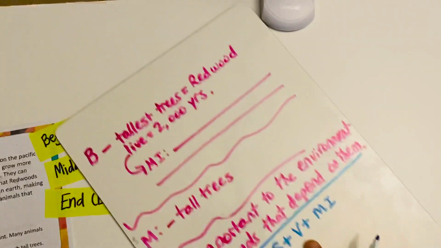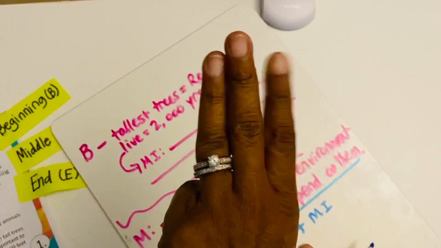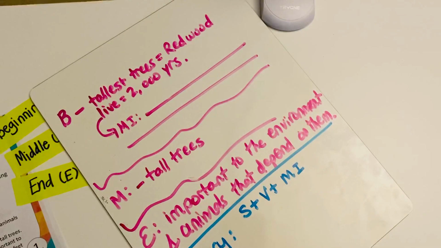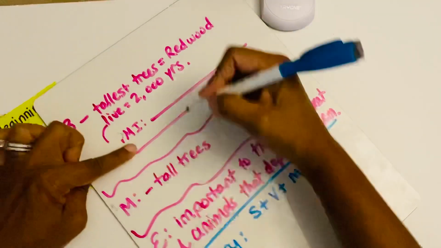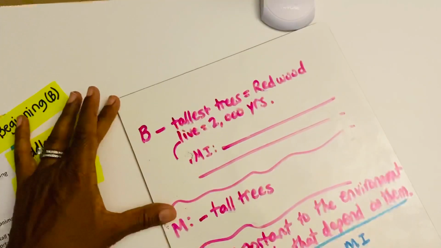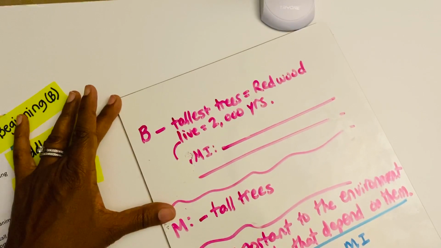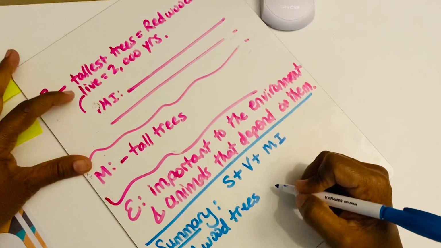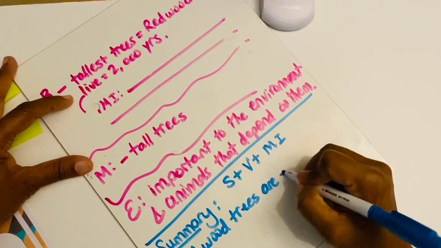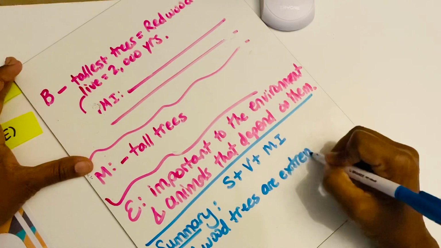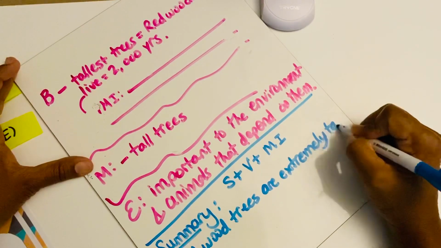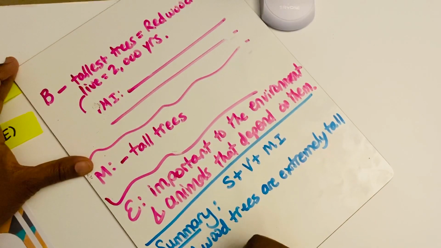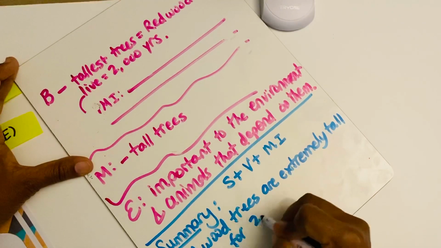So I could have 3 sentences here if I wanted to. So let's see here. The beginning main idea would be, let's see, redwood trees are extremely tall and live for 2,000 years.